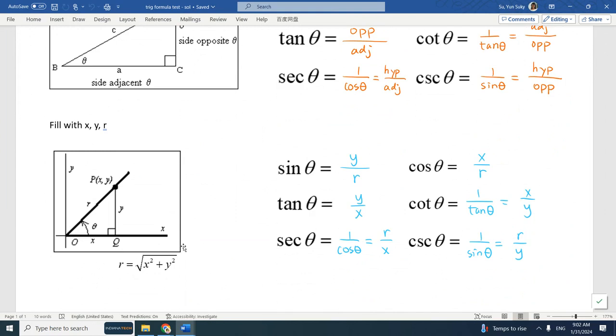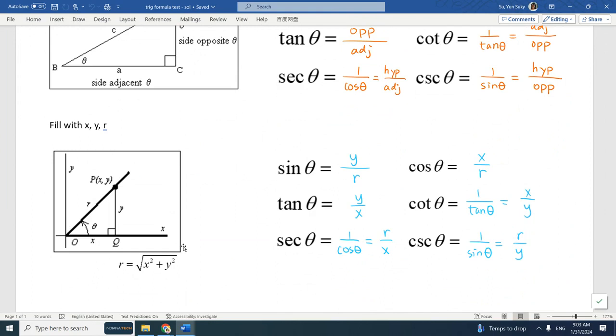But if we look at the whole xy plane, the angle could be in the second, third, or fourth quadrant. The relations are all the same. It's just that we allow x to be negative, and we allow y to be negative.